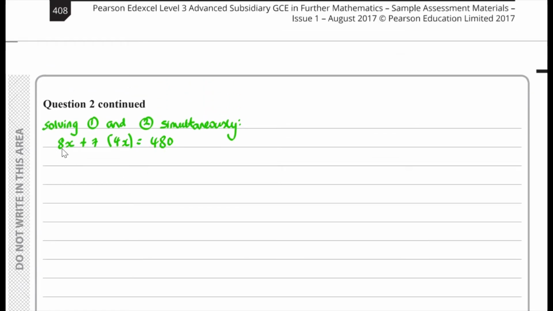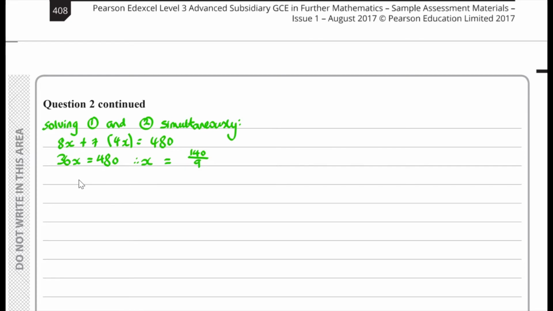So we have 28 plus 8, that's 36, so we have 36x equals 480. Of course you'd find x to equal 140 over 9.